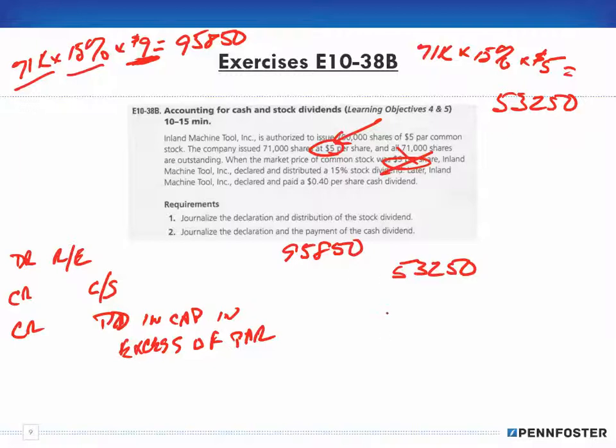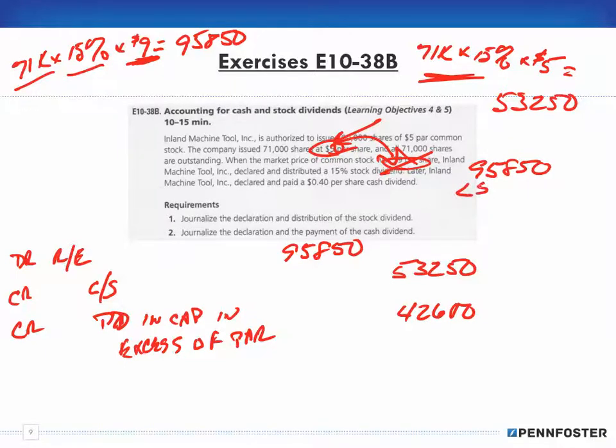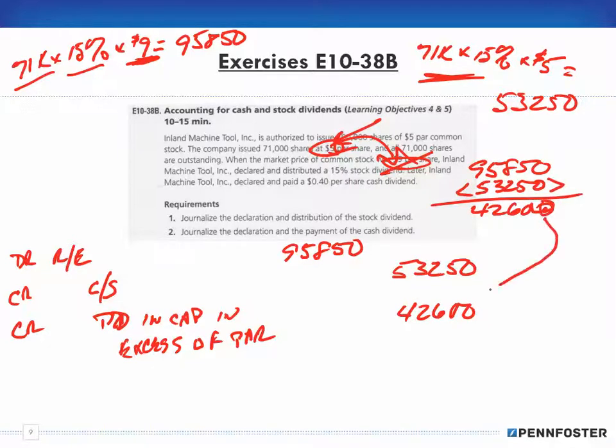So debits have to equal credits, subtract one from the other, and you get the amount of $42,600. We don't have to figure out the difference between the $5 and $9 and then do this mathematical calculation again. That's a lot of extra work when we can just do one simple subtraction of $95,850 less $53,250 to get $42,600. So we've backed into that amount for the paid-in capital.